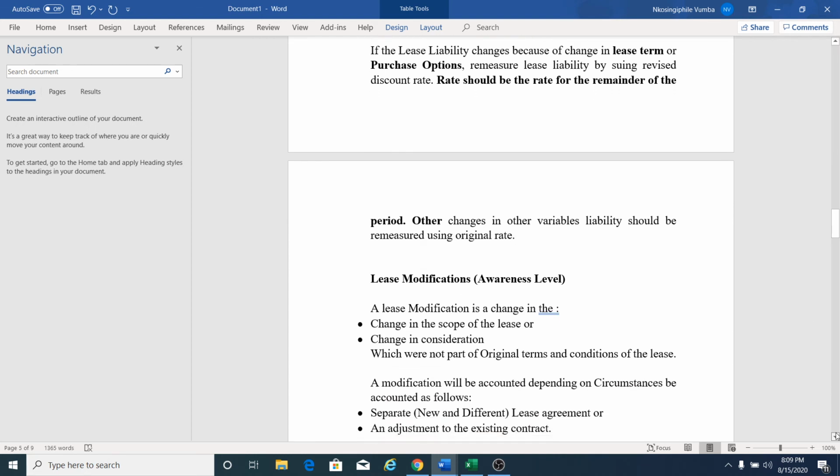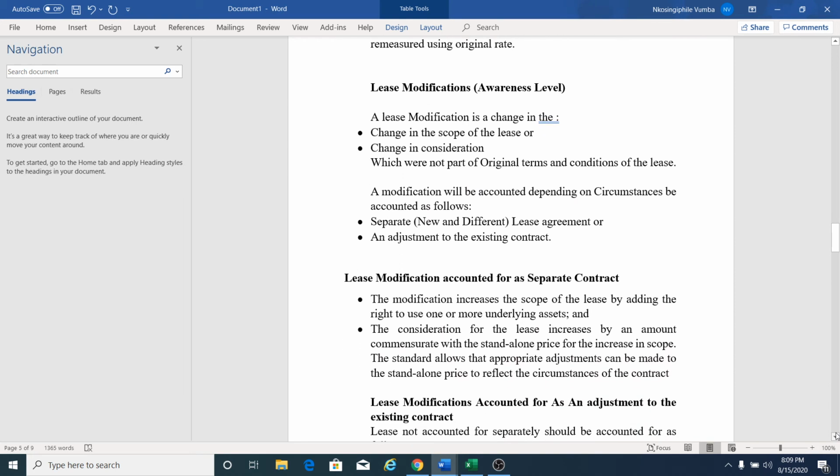And we also have lease modifications. But when it comes to lease modifications, I'm just going to be fast on this, because it's actually on the awareness level. A lease modification is a change in the scope of the lease or a change in the consideration.